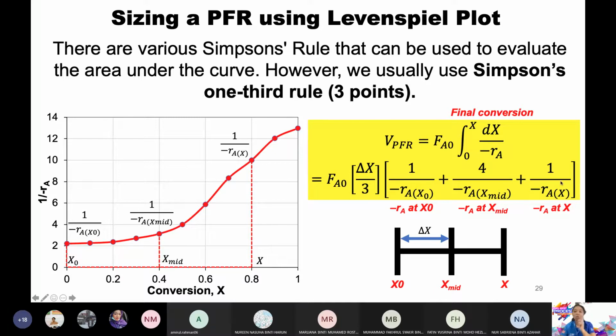The last point is 1 per minus RA at my X. So say your final conversion is 0.8. Then that means 1 per minus RA when my X is 0.8. So you look at the table or the plot, look at 0.8, what is my minus RA, or at 0.8, what is my 1 per minus RA. You get the last point.